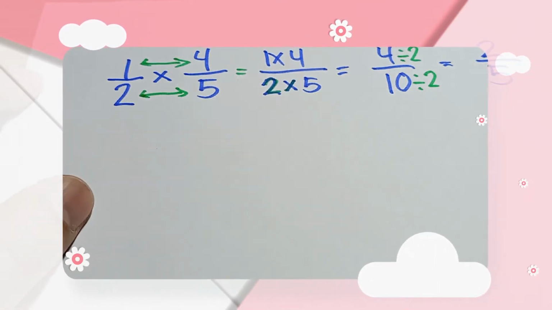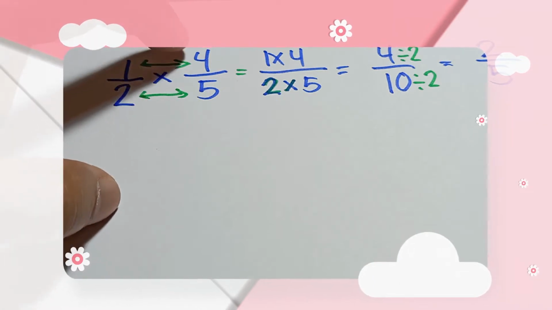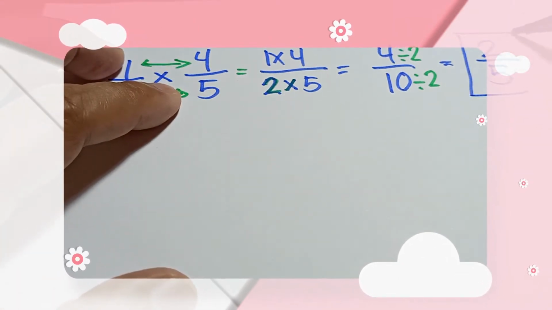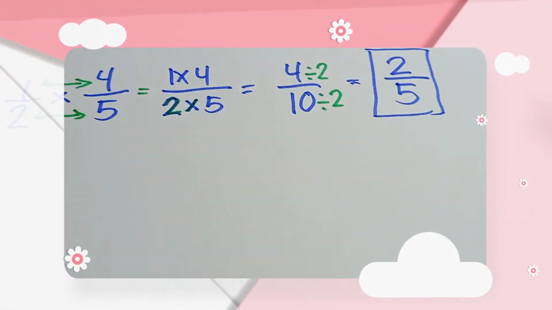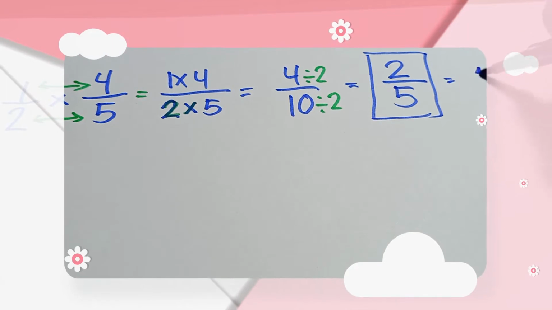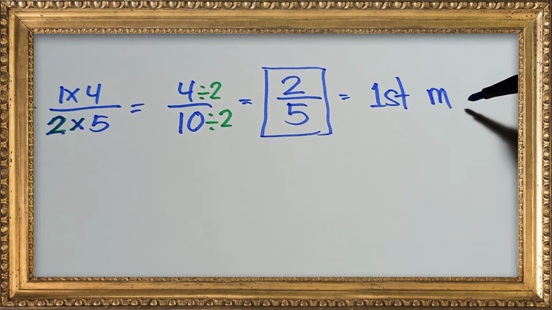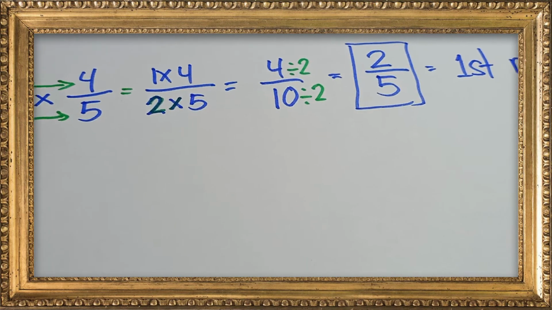So when you multiply 1/2 times 4/5, the answer is 2/5. Okay, that is our first method, or method 1.